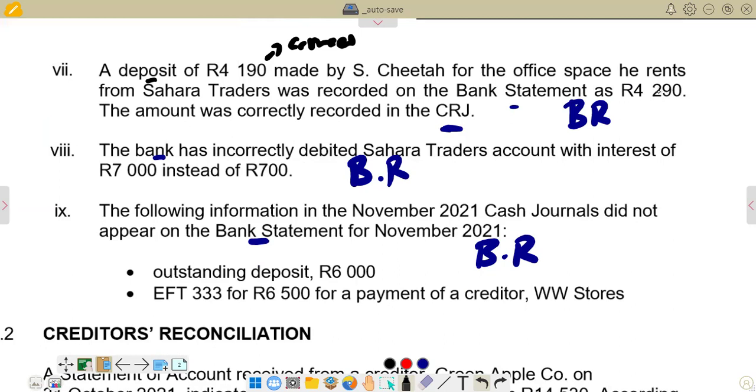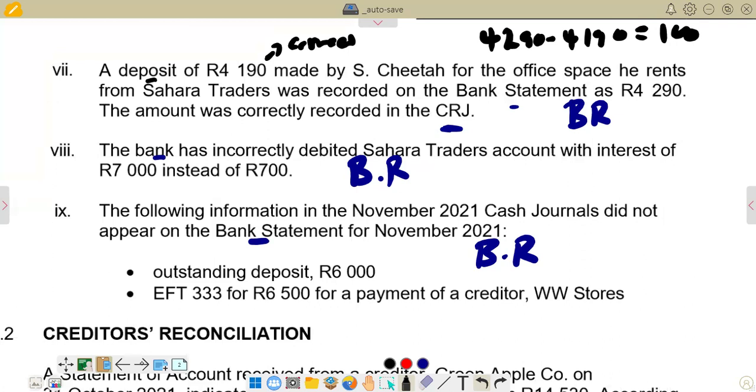So you have to cancel the difference to go back to 4,190. By canceling, we go to the debit side. So we are saying 4,290 minus 4,190, which you are supposed to put on the debit side, is our amount wrongly credited.